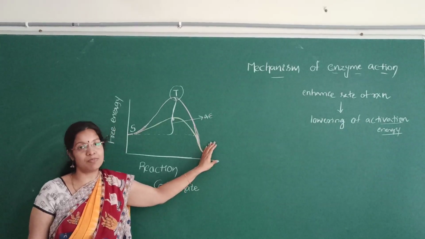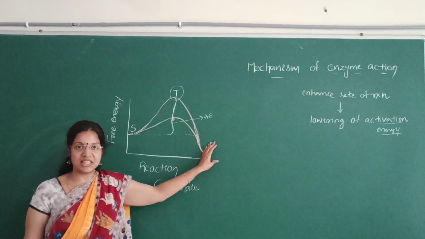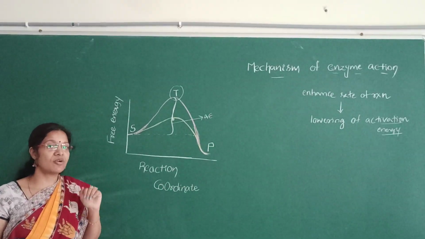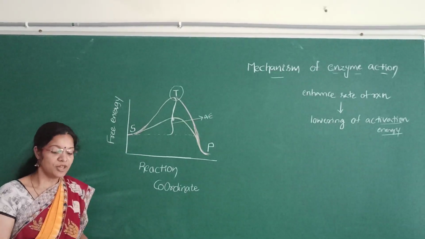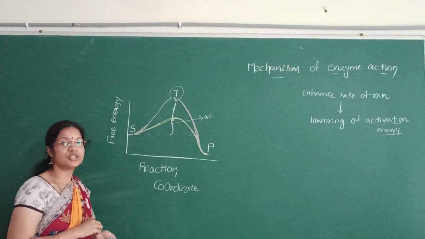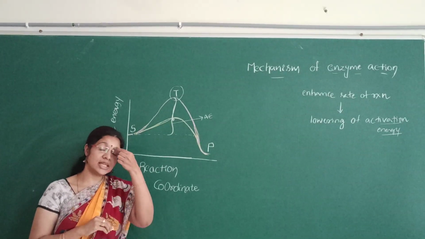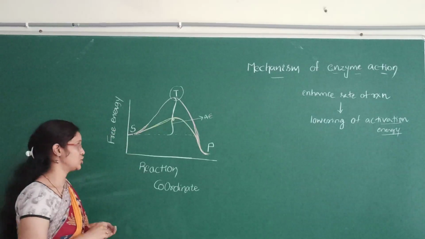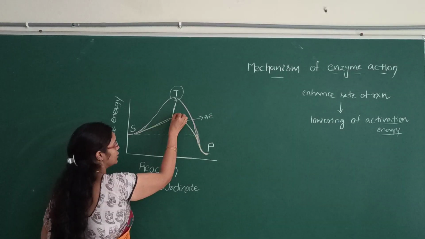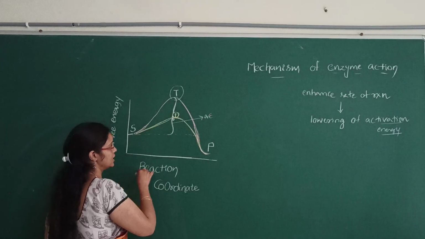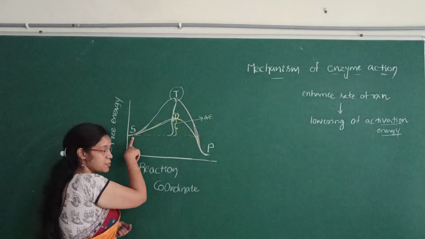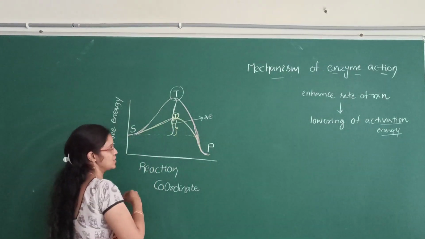Now in an enzyme catalyzed reaction, a lowering of activation energy will occur. You can look at this yellow colored line, which represents the energy changes in an enzyme catalyzed reaction. Here the substrate's energy level is here and the transition state energy level is here, so this much energy is required for substrate molecules to get into the transition state.